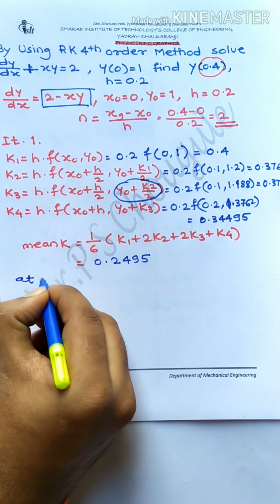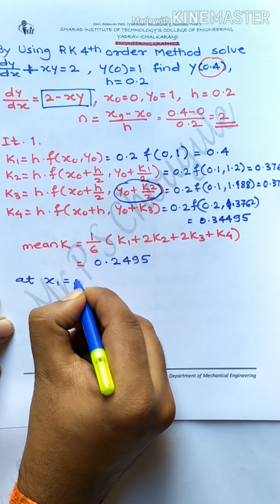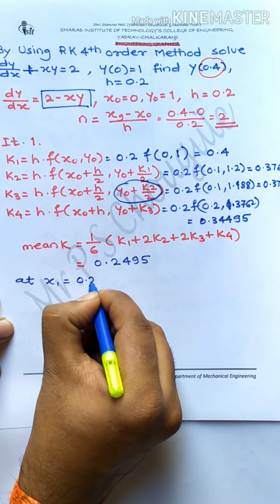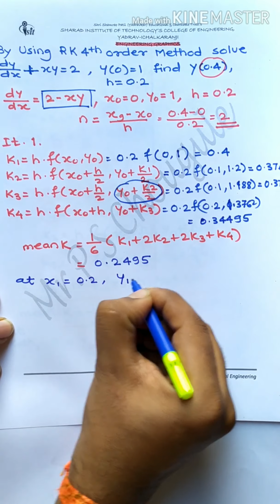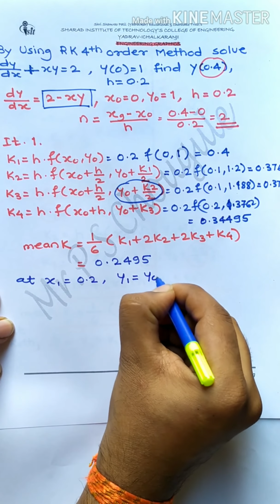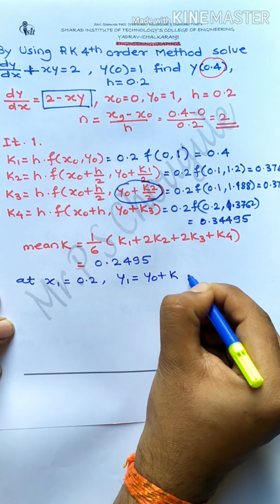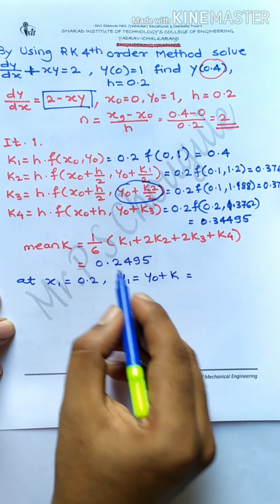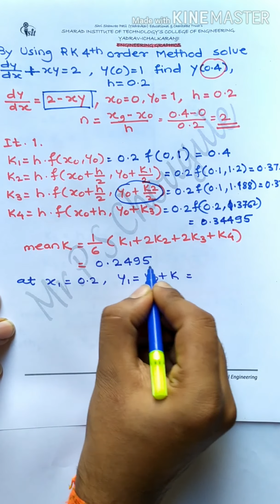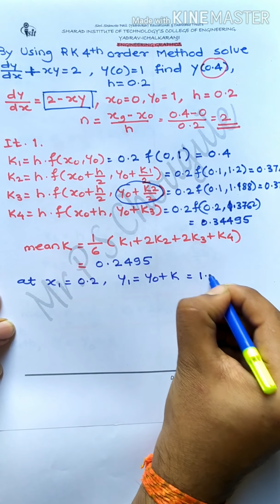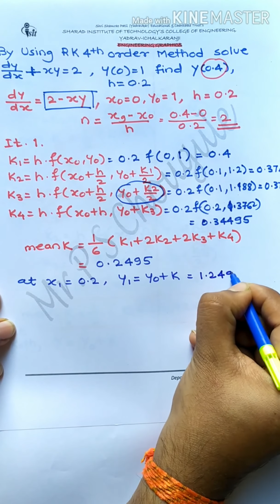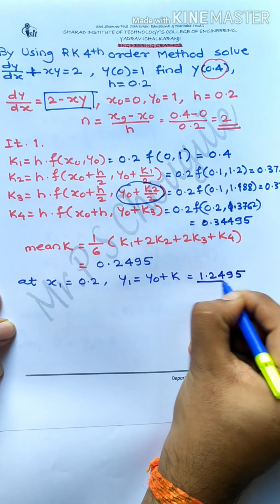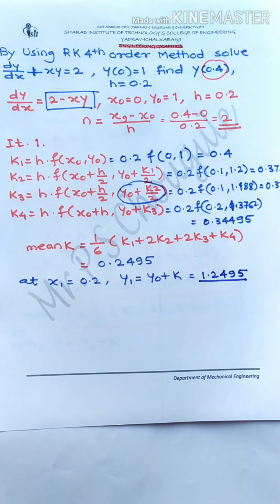So at x1 is equal to 0.2, y1 is equal to y0 plus k. The value of y0 is equal to 1 and k is 0.2495. So I will write here directly 0.2495. Similarly, you can do the second iteration.